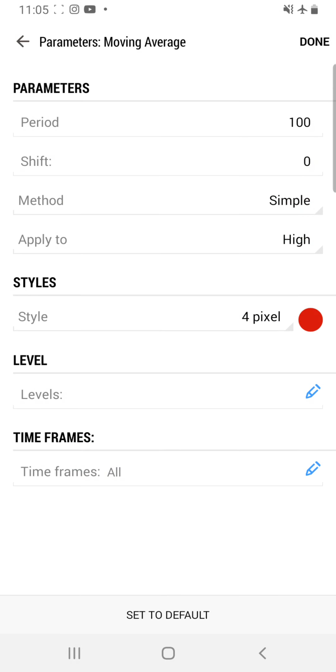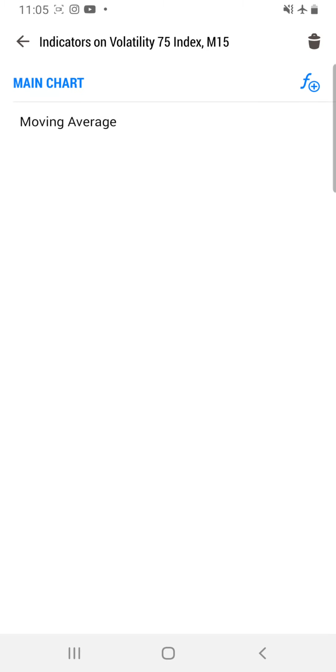Please try and follow the same colors that I'm using throughout this video so that you do not get confused when I start referring to these colors. There is no need for levels, and you can allow this indicator to appear on all time frames. So I'm going to click done.